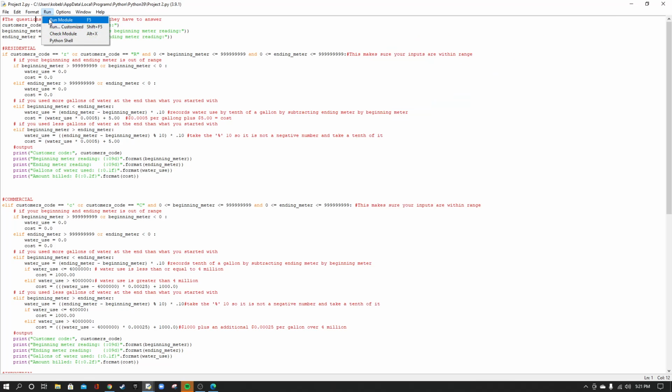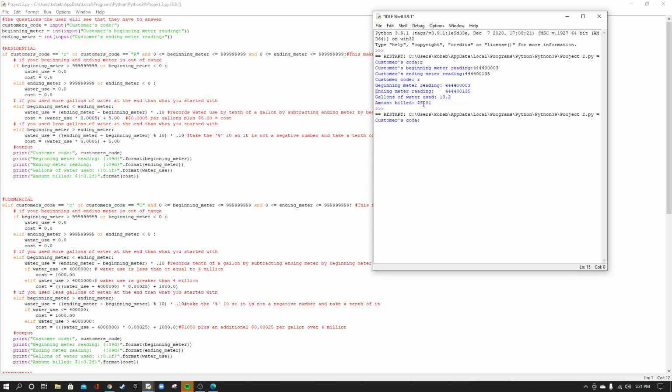Let's run another scenario where we put in C, which is commercial, and we add 9, 2, 3, 4, 5, 6, 7, 8, 9, and we put in an intermediate reading of that.